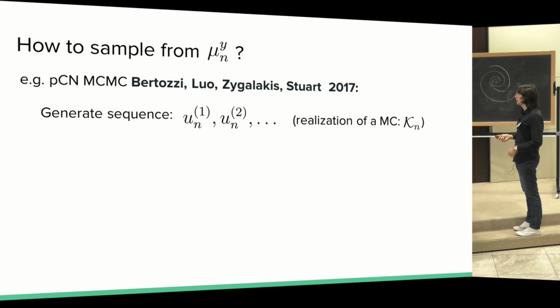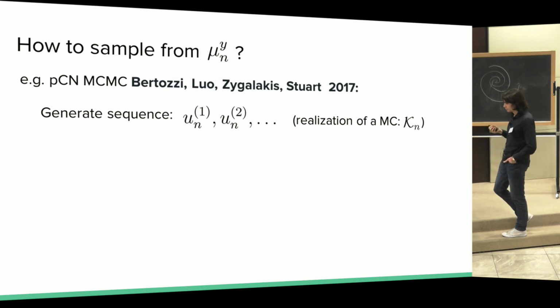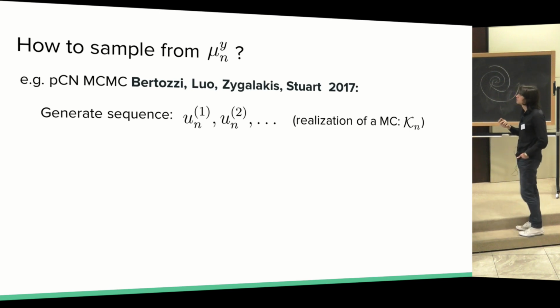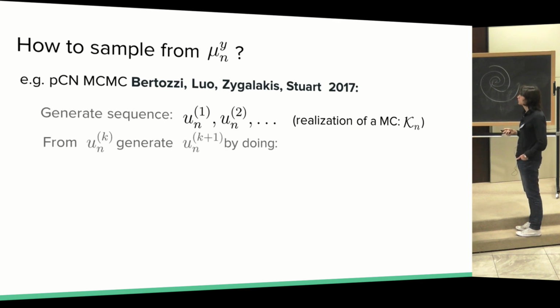In the same paper of Bertozzi and collaborators, where they introduced this Bayesian approach to semi-supervised learning using graph methods, they also propose a Markov chain Monte Carlo algorithm to sample from that posterior. So they propose something like this.